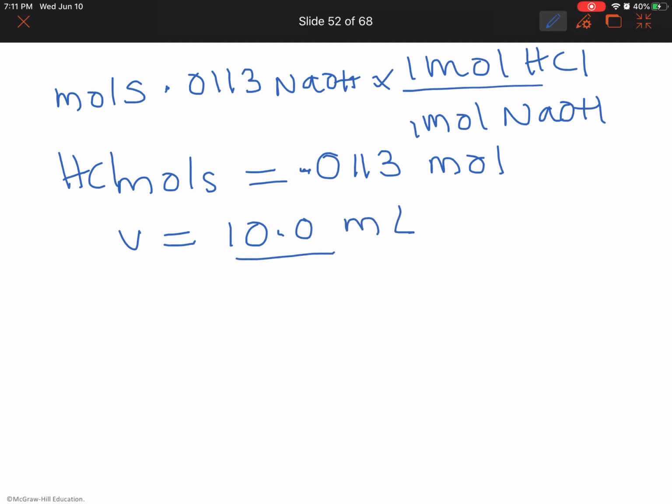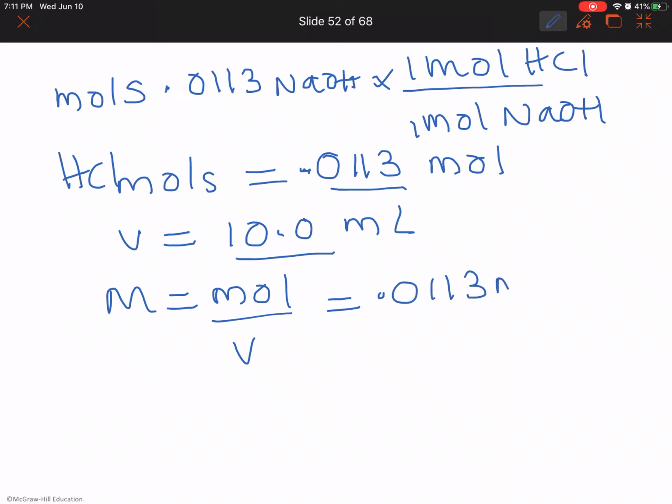Now we know the volume, we know the number of moles, we can find out the molarity. That's going to be moles over volume in liters: 0.0113 moles, you divide it by, converting milliliters to liters, 0.010 liters. Okay.